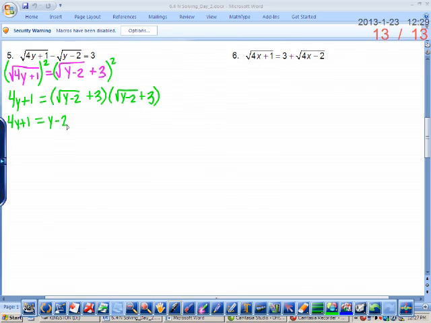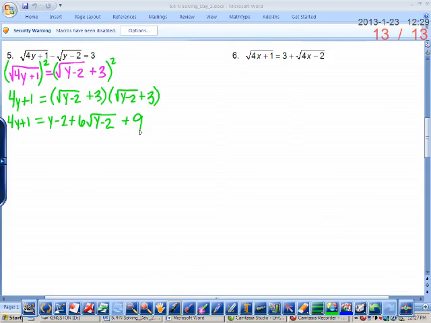Good. And then I'm going to have 3 times the square root of y minus 2 plus 3 times the square root of y minus 2. All right, and then 3 times 3 is 9. Everyone okay there? All right.